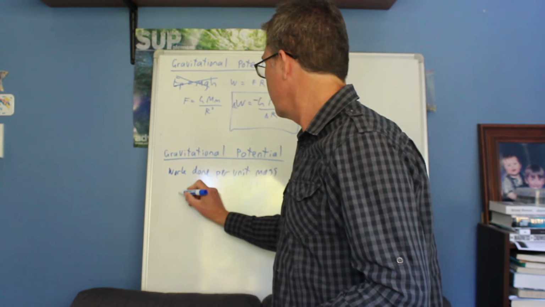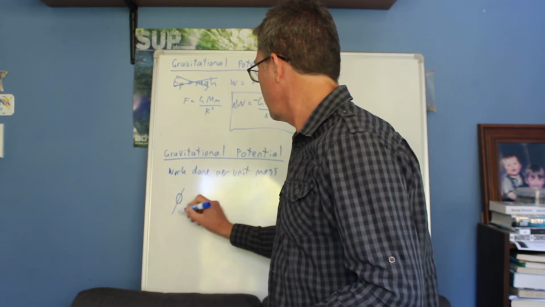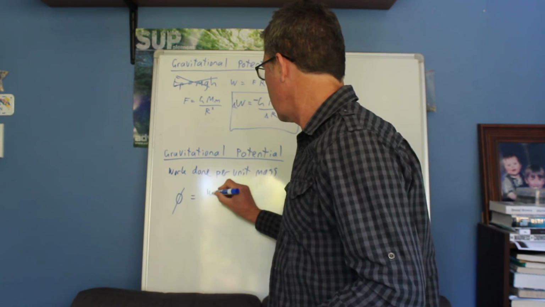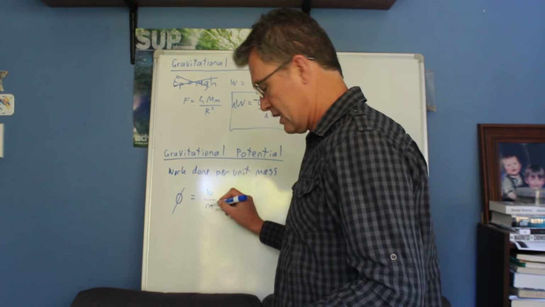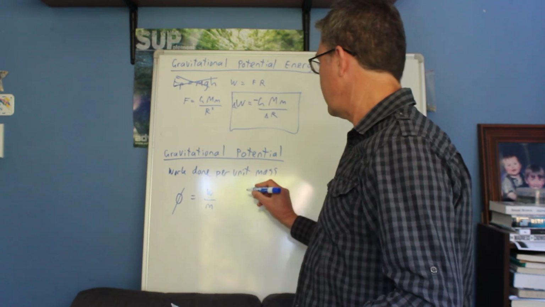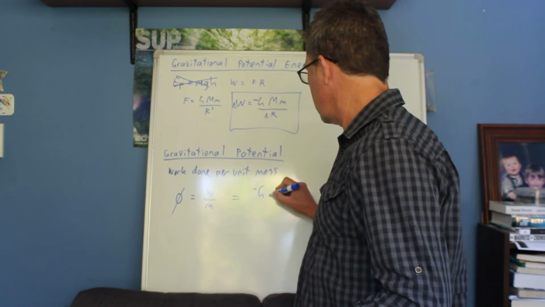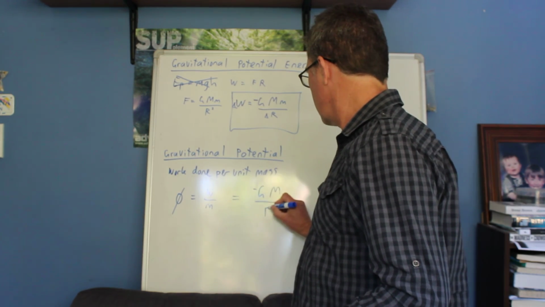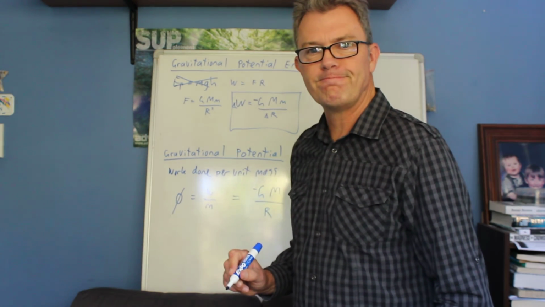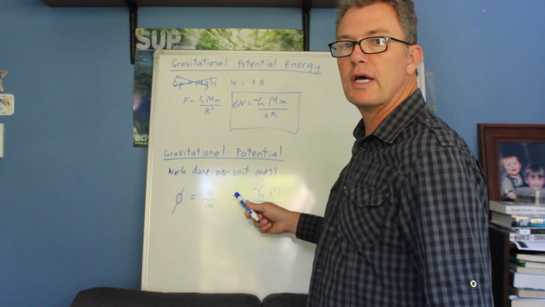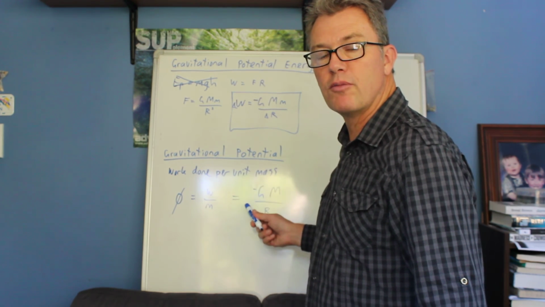So it's simply gravitational potential is work done per unit mass, which means it is negative big G, big M divided by r. Because instead of work done on a mass, it's work done per unit mass, so you're dividing by the mass.